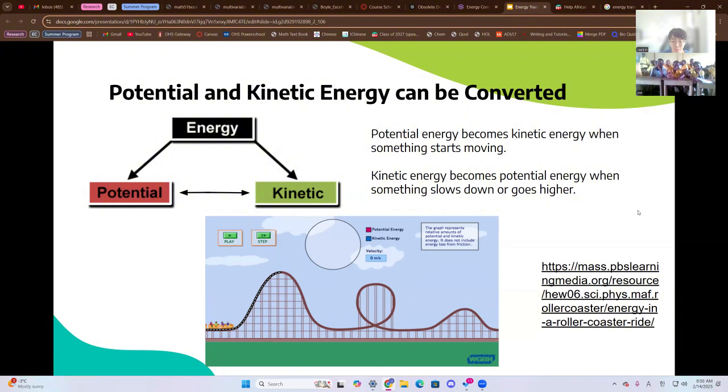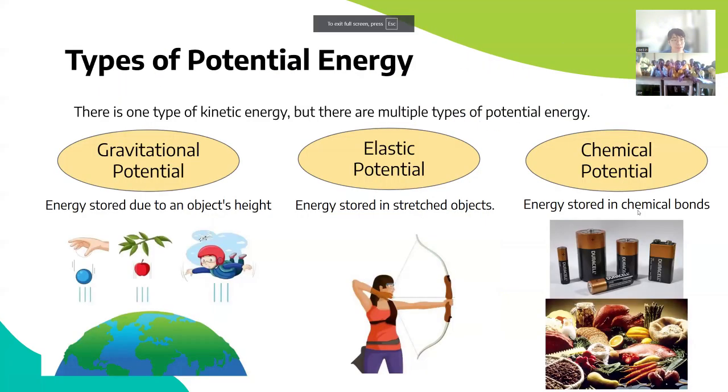And one final note to make is that there are different types of potential energy. So although there is only one type of kinetic energy, there are multiple types of potential energy. For example, most of the examples that we looked at are gravitational potential energy.